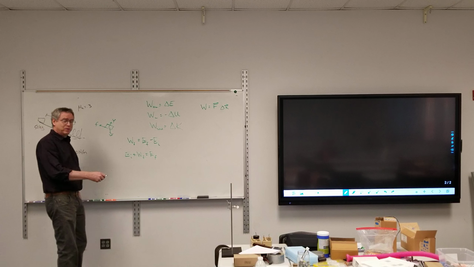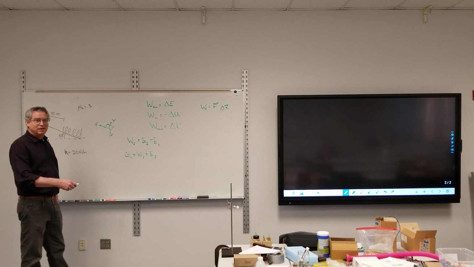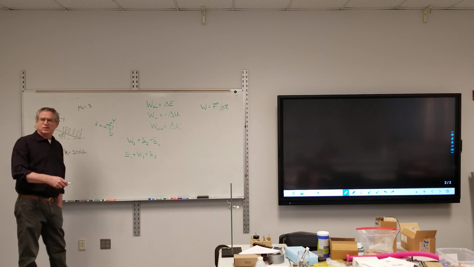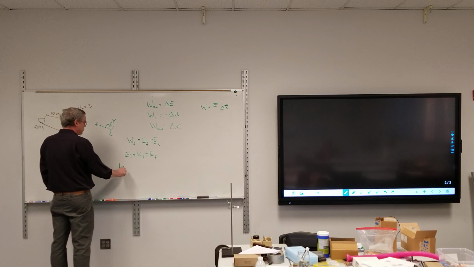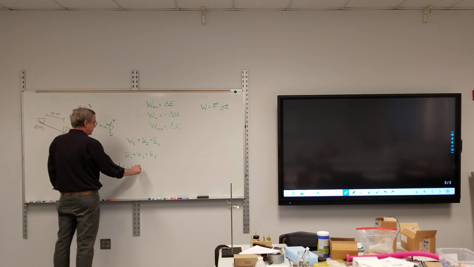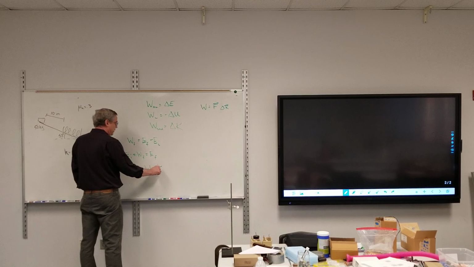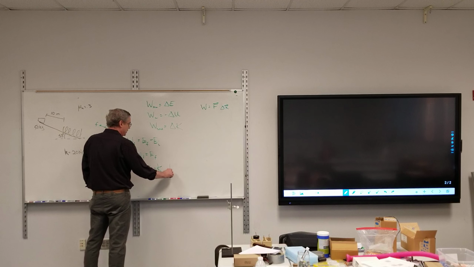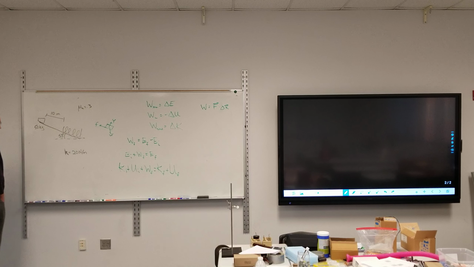Somebody want to say that louder? Kinetic and potential. There we go. So we have the initial kinetic energy plus the initial potential energy plus the work done by friction is equal to the final kinetic plus the final potential energy.